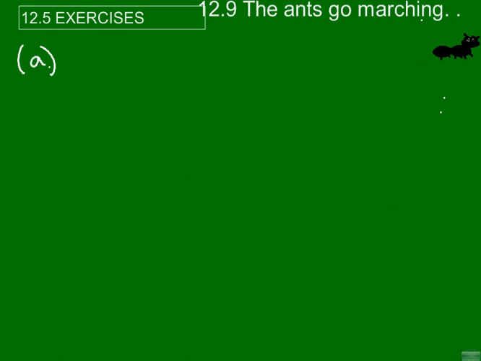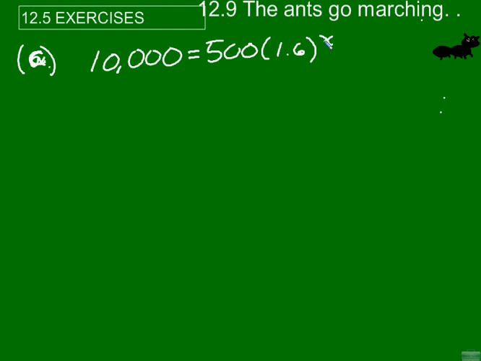Okay, part C. When will there be 10,000 ants on board? 10,000 equals 500 times 1.6 to the x. See, these are easier than quadratics for sure. Okay, divide both sides by 500. 5 goes into 100, 20 times.